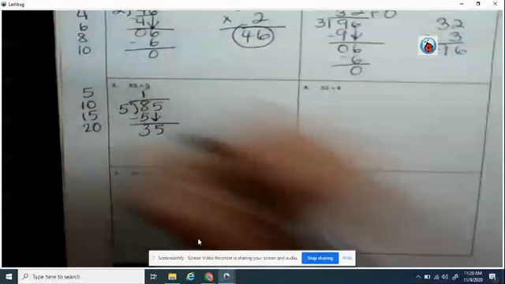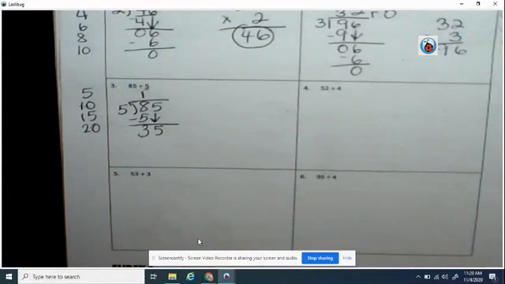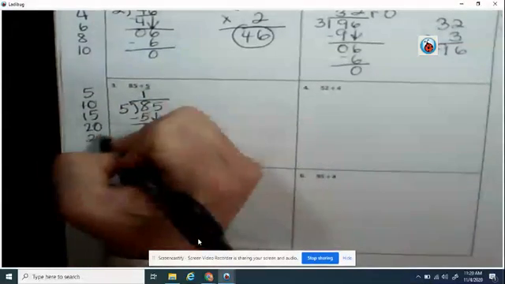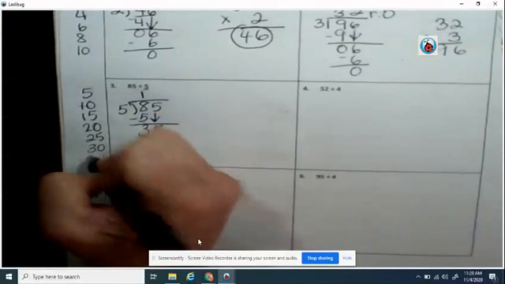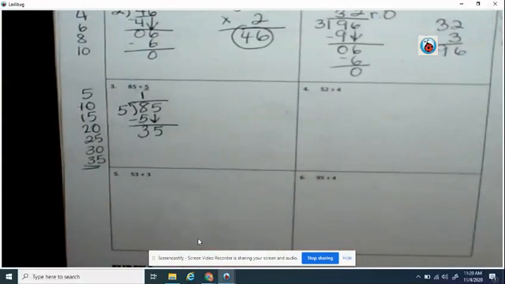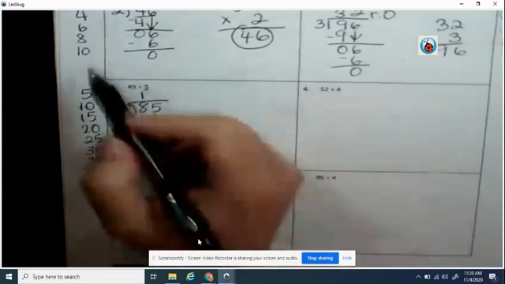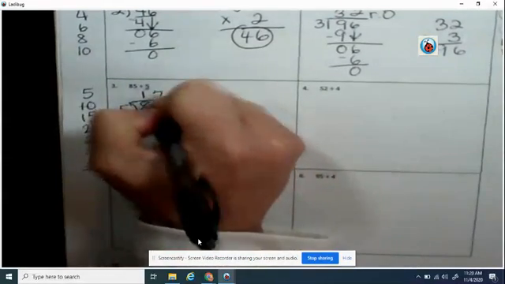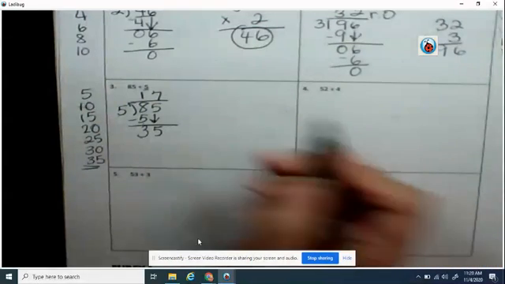So now I've got 35 1s. You can see why we wouldn't want to draw that in dots. That's way too many. 5, 10, 15, 20, 25, 30, 35. 35 is going to work out equally as a multiple of 5. Okay, how many? 5 times what is 35? 1, 2, 3, 4, 5, 6, 7. 5 times 7 is 35.